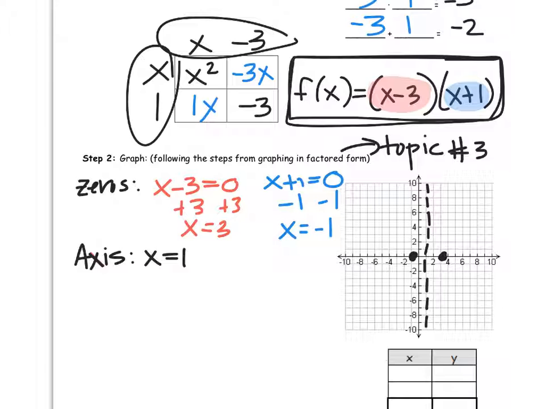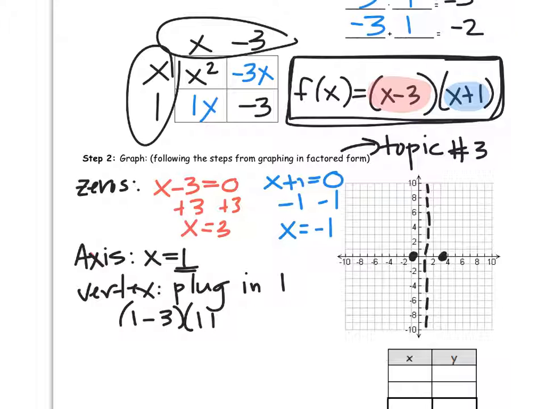Okay, the next thing we do is vertex, and I'm going to say plug in 1, because that's my value from right there. Okay, so I'm going to plug in 1. Where am I going to plug it into? My factored form. It's going to look like this. 1 minus 3, 1 plus 1.